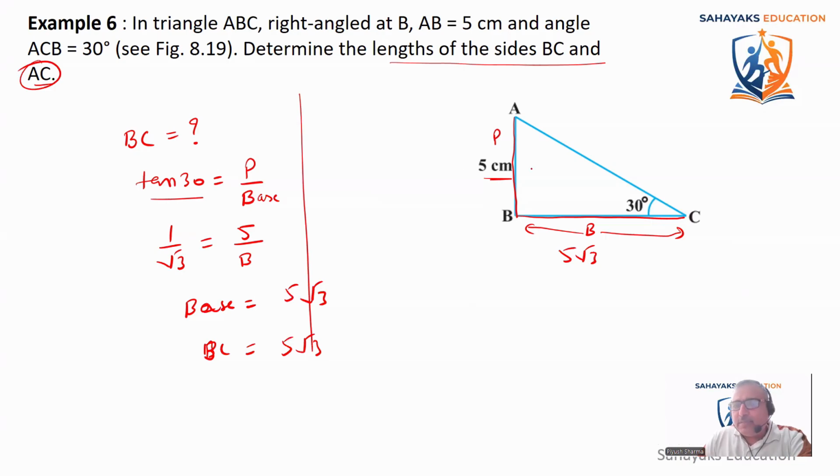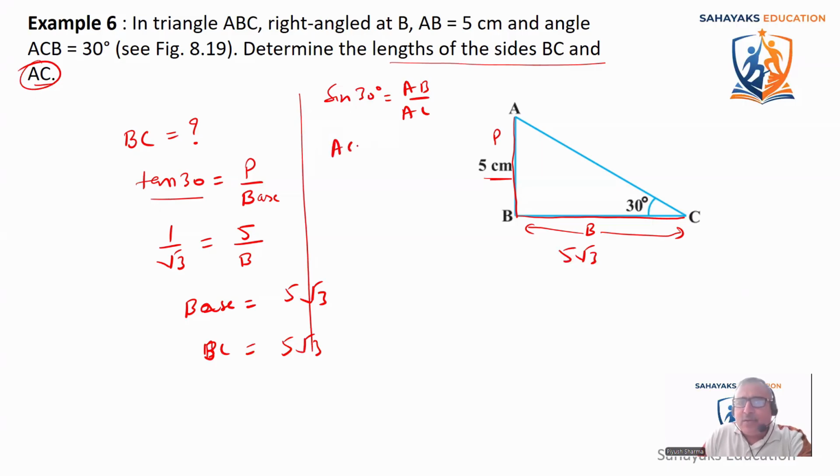I need to check that AC and AB comes in which ratio? You can say it can come in sine. So I'll just say sine of 30 degree is equal to AB by AC. Isn't it?